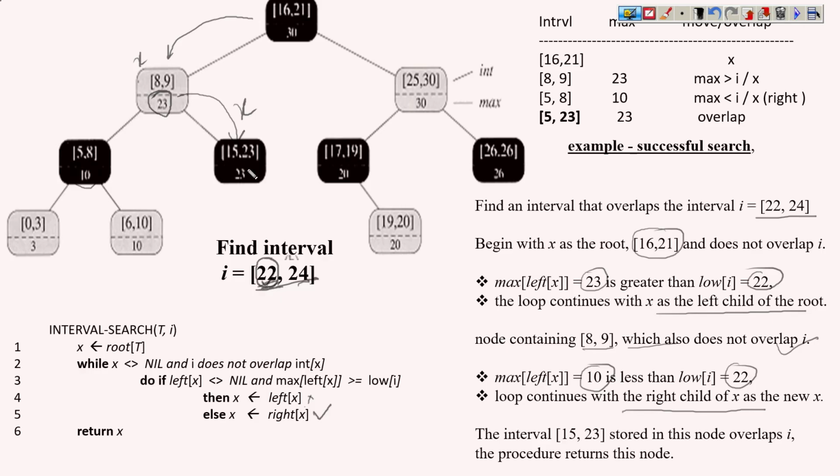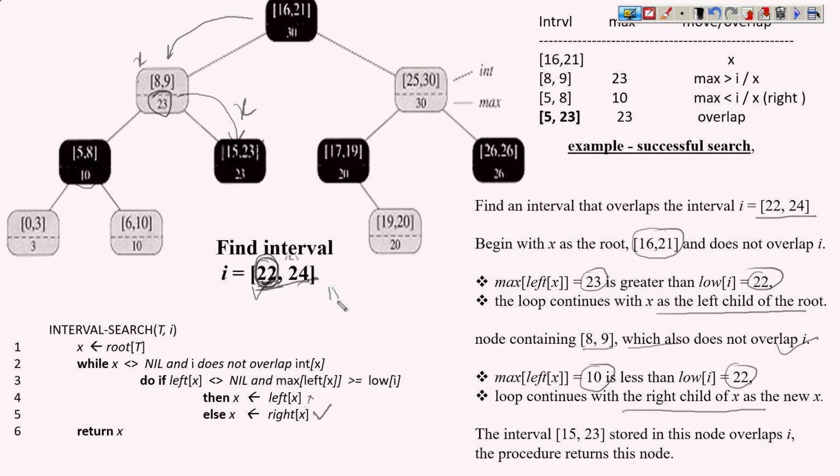So we are here. Here you can see that the lower of this is actually less than the higher of this. That means this comes within this higher. At the same time, you also have to check that the lower of this particular interval is less than the higher of the one we are searching.